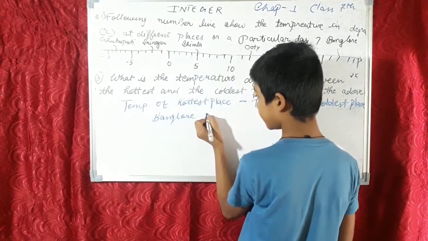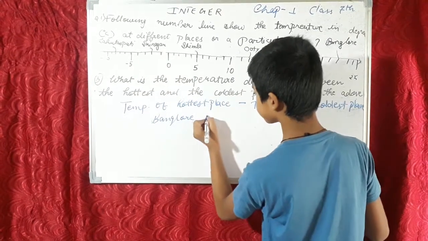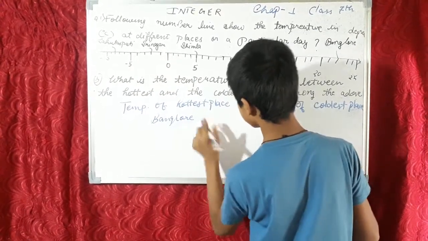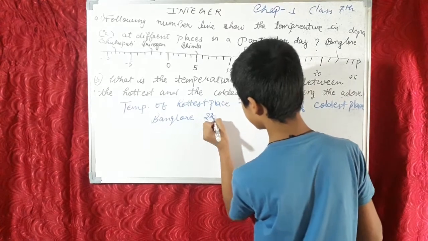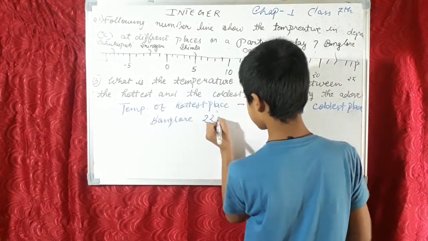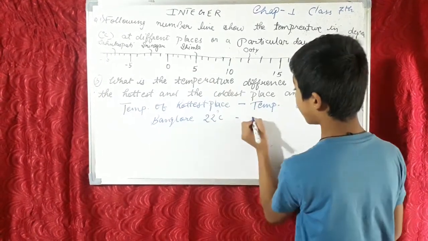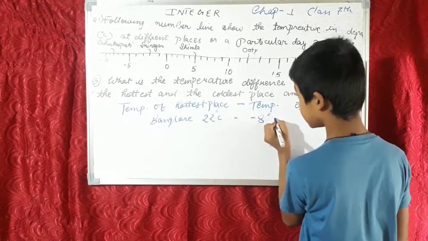Difference is there. So what is the temperature of Bangalore? It is 22 degrees Celsius. And what is the temperature of this coldest place? It is -8 degrees Celsius.